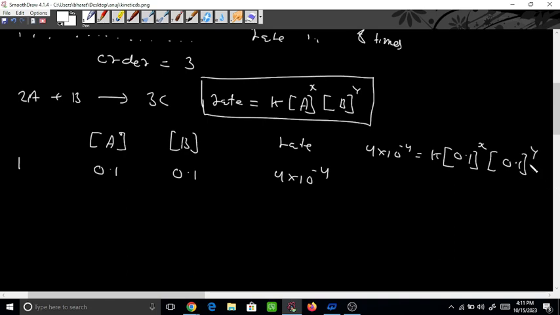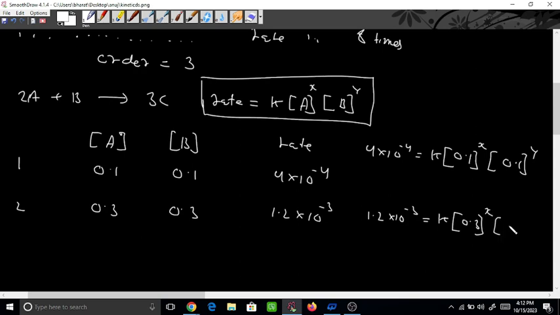This we got it. Then we have another experiment, experiment number 2. Here we have 0.3, then again we have 0.3, then rate is given 1.2 into 10 to the power minus 3. Then how will we write rate for this one? So here it will be 1.2 into 10 to the power minus 3 is equal to k into 0.3 to the power x into 0.3 to the power y.